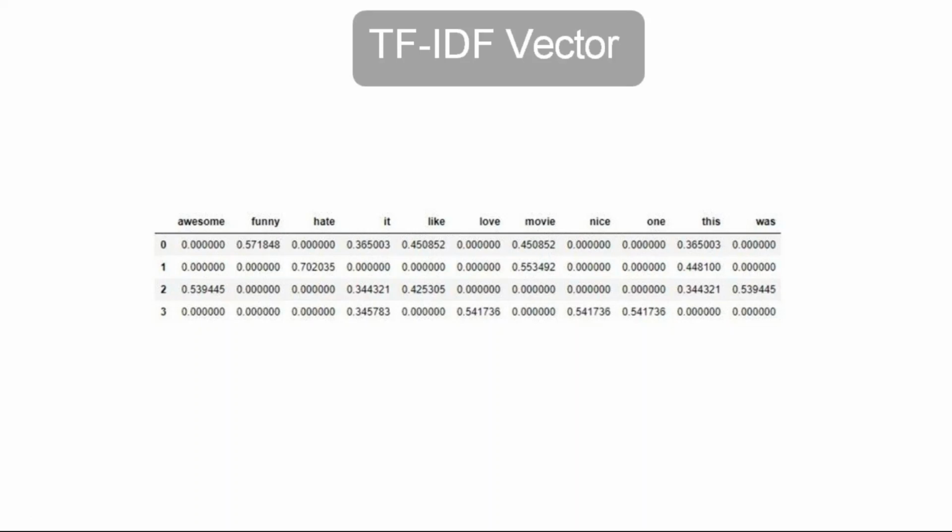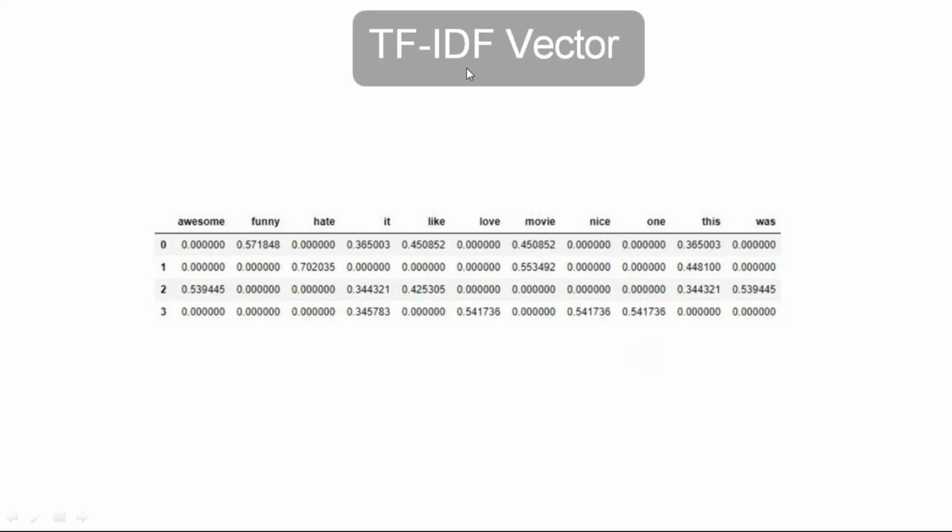These, for example, 0.5, 0.5, have some higher weights. And you consider the words which have less weight. Why?